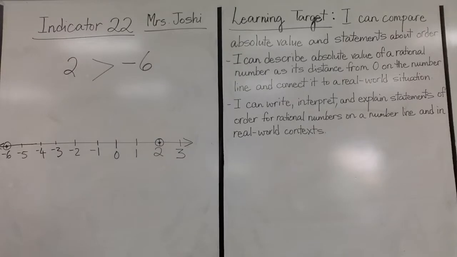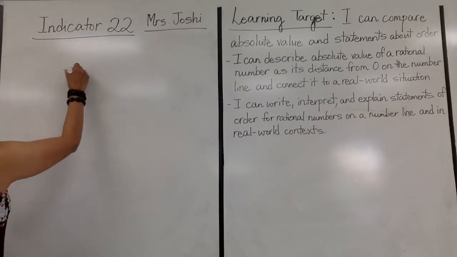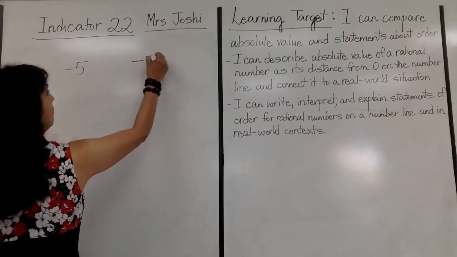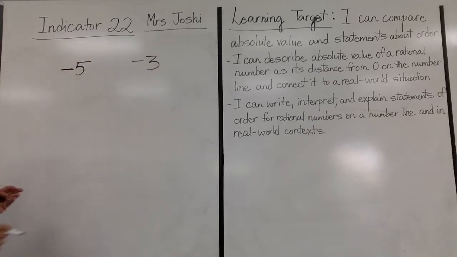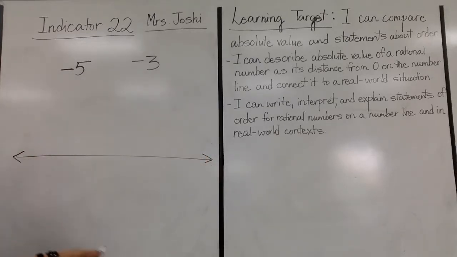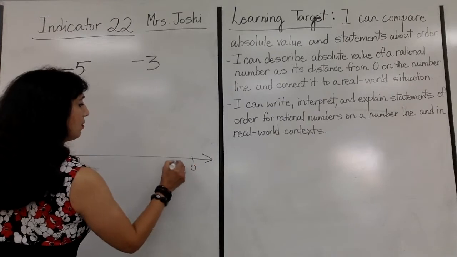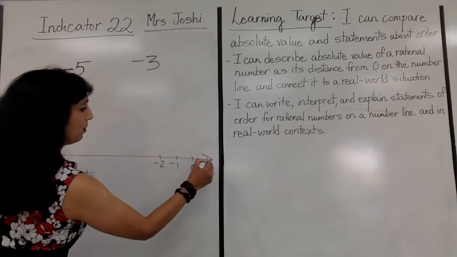Let's compare -5 and -3. Okay, so I'm going to show you a shortcut in a minute, but let's look at this. If you have a number line, okay, and let's say this is my 0, -1, because remember it's the opposite of, because this side would be 1, right?